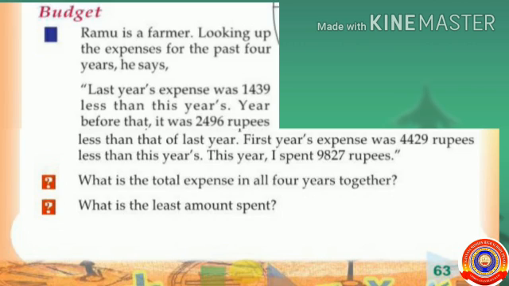First year's expense was 4429 rupees less than this year's. This year, I spent 9827 rupees. First question, what is the total expense in all 4 years together?